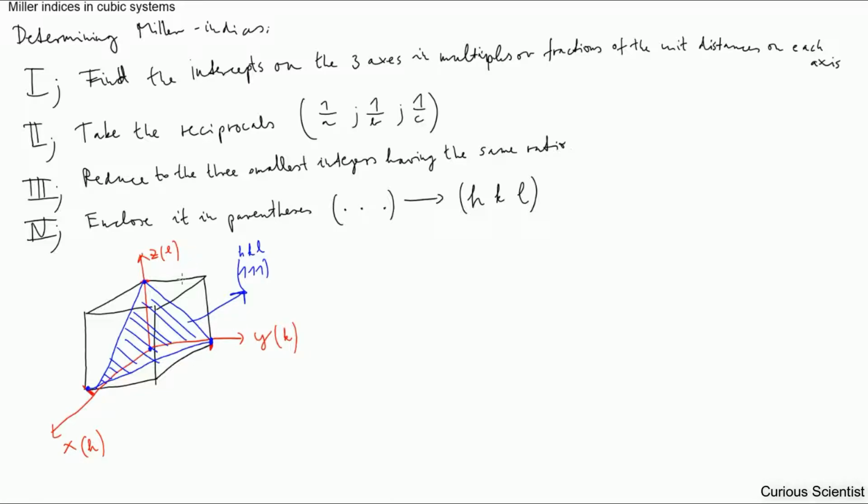And you can also approach this from a different perspective. I will try to show you as well. In cubic systems, these three numbers are basically the vector for the normal of the plane.